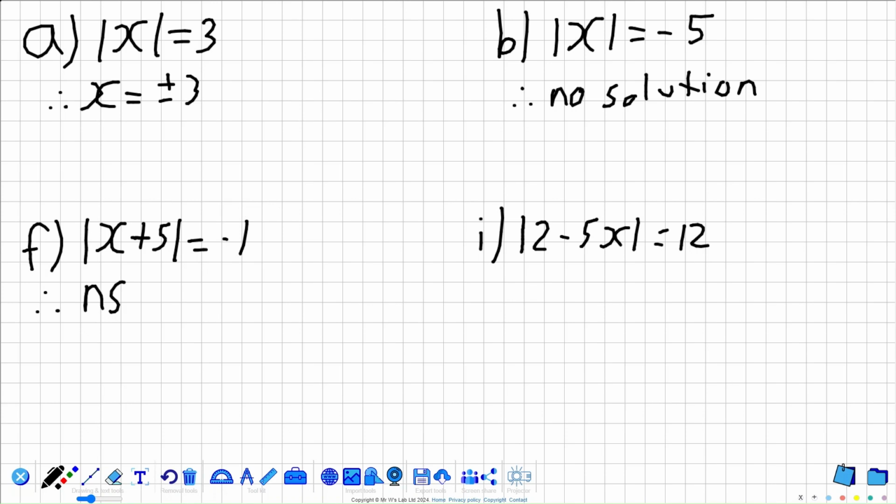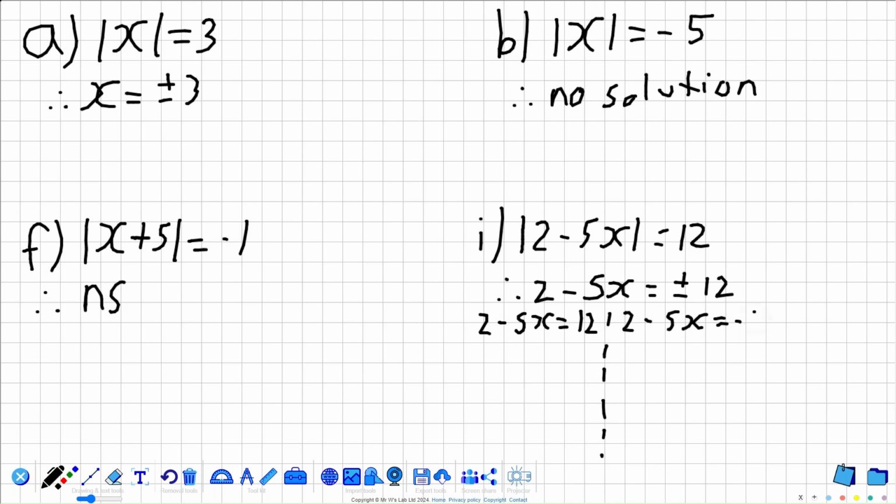What we can do is first take the values outside the modulus. So we've got 2 minus 5x, and this will equal plus and minus 12. Then we can separate this into two columns, and I'm going to try to write as small as I can. In the first column, 2 minus 5x equals 12, and in the second column, 2 minus 5x equals negative 12.